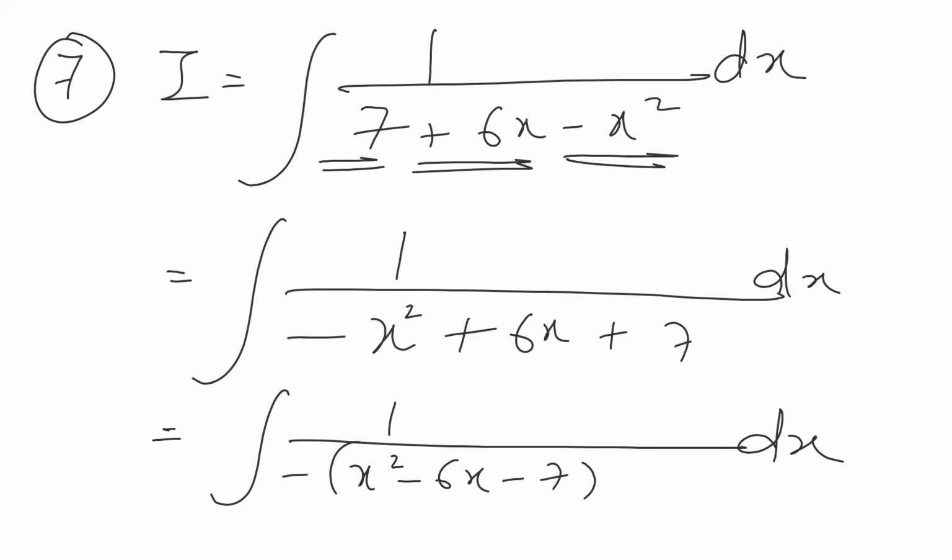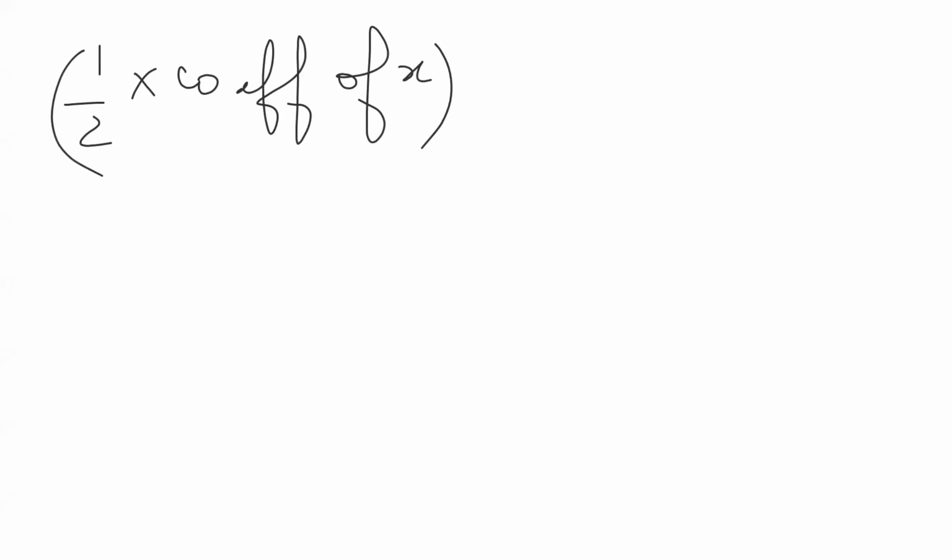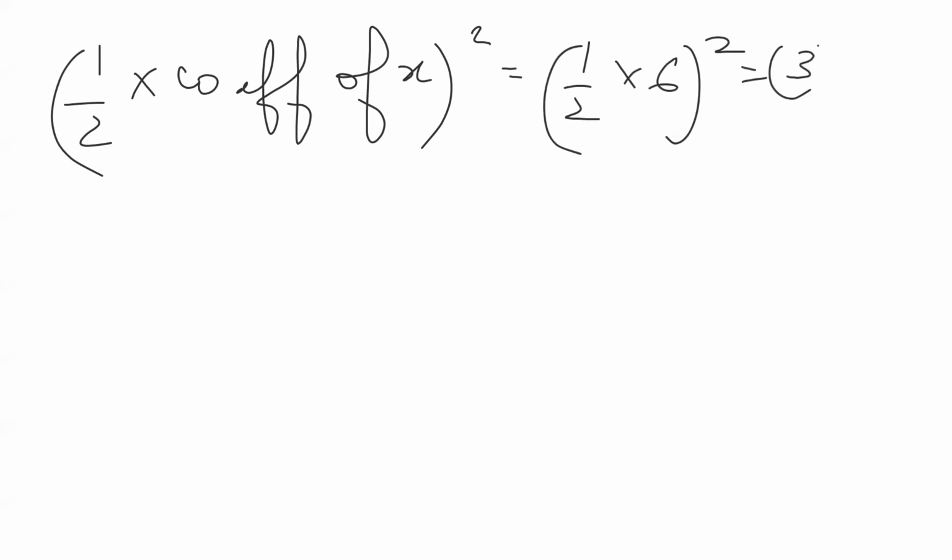Okay. Now go ahead with half into coefficient of x within the round bracket. So what is the coefficient of x? Coefficient of x is minus 6. We'll take 6, half into coefficient of x the whole square, half into 6 the whole square, 3 square.